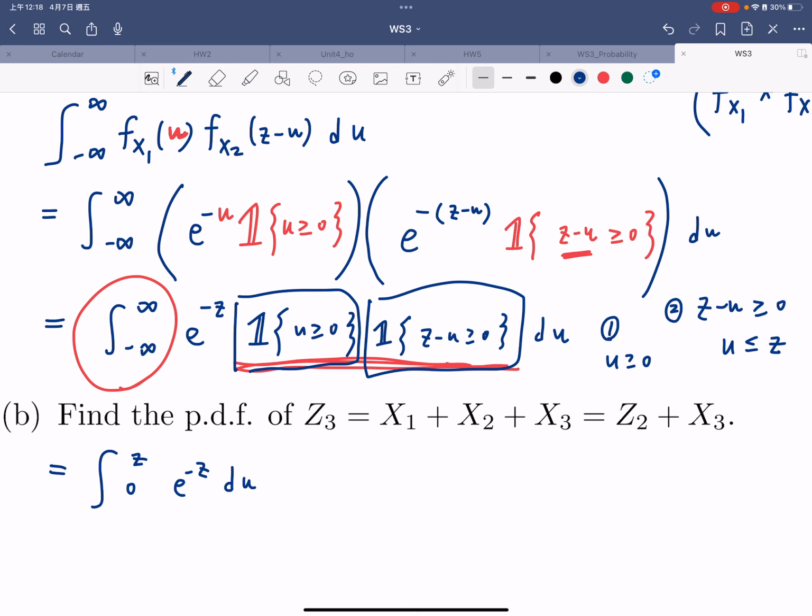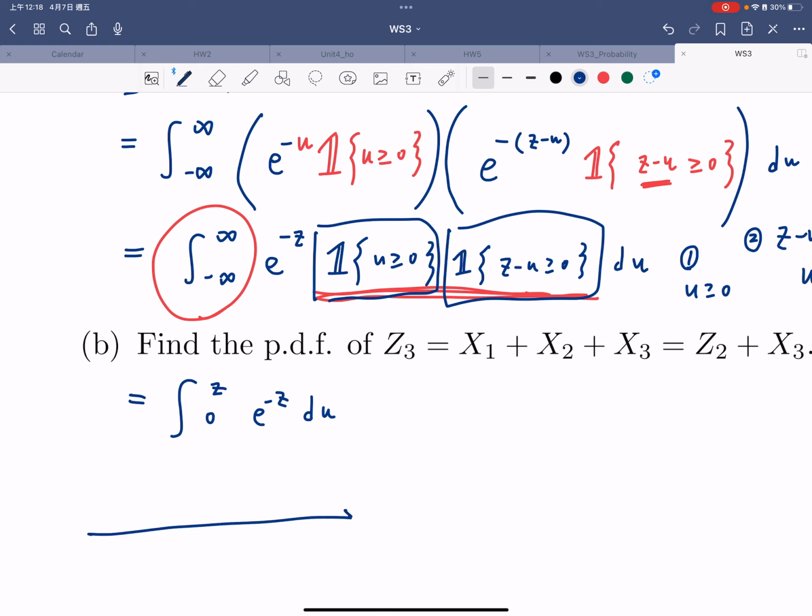Okay, so it's like you have a u, and from 0 to z it has value, otherwise it's 0. Okay, so if you integrate from negative infinity to infinity, then this 0 part can be cancelled out, right?